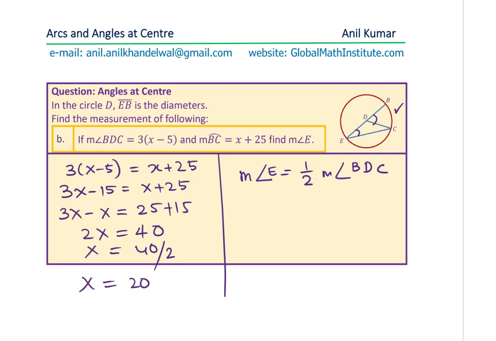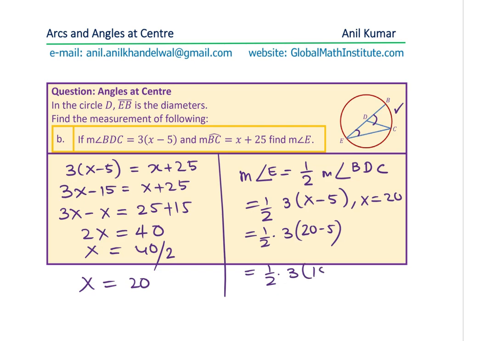So therefore, it could be given as half of BDC, and BDC is given to us as 3 times x minus 5, where we know that x is 20. Substituting, we get half times 3 times 20 minus 5, correct? And that gives you the value as half times 3 times 15. And that cancels to give you how much?